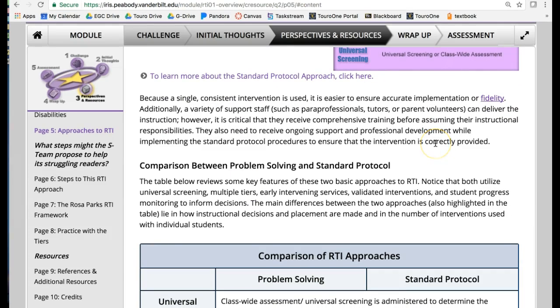Because this is a single consistent intervention, it is easier to make sure that it's been implemented with fidelity. By that we mean that it's been implemented exactly how it was meant to be implemented. So the prompts and assessments and the way that it was taught were exactly correct. So there's a lot of positives to that.